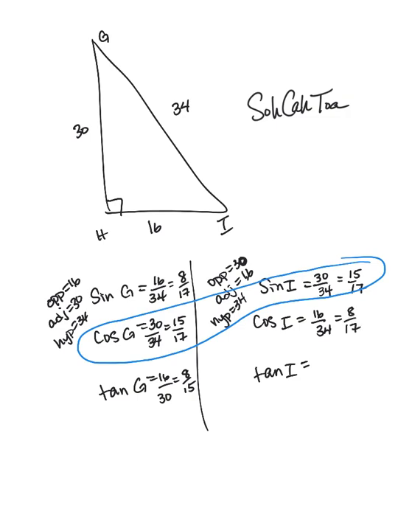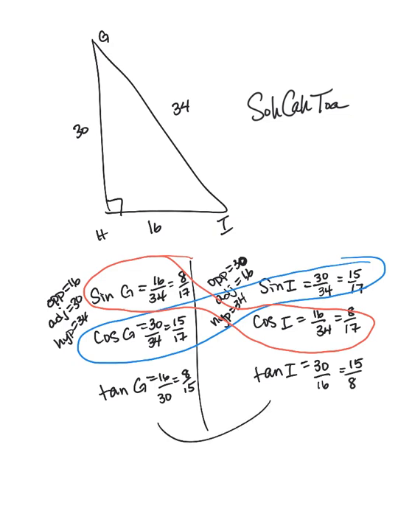So you can see that the sine of G is the same as the cosine of I. And then the tangent of I, remember your opposite and adjacent change, so it's the reciprocal of the tangent of G. These little clues will help you if you're ever in doubt.